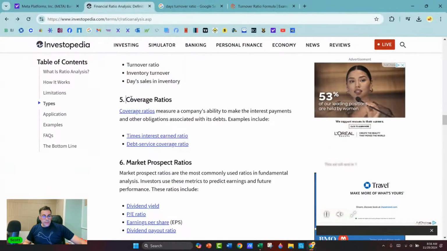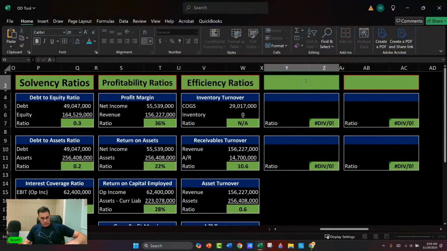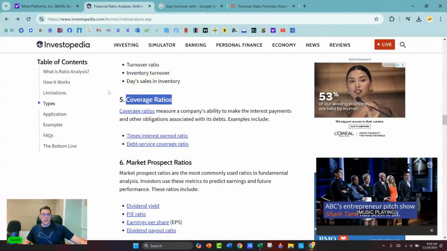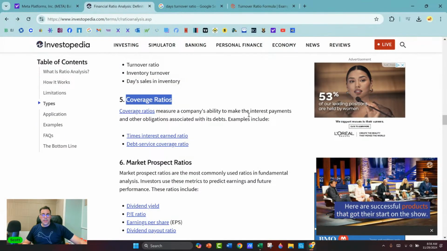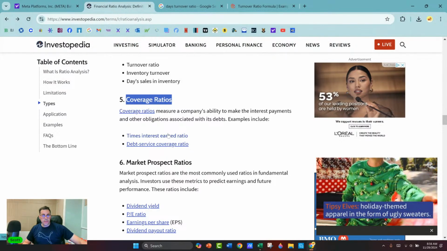Coverage ratios. I think this is one of the more important ones, coverage ratios. Measures the ability to make interest payments, because you go into default if you can't cover your interest payments.